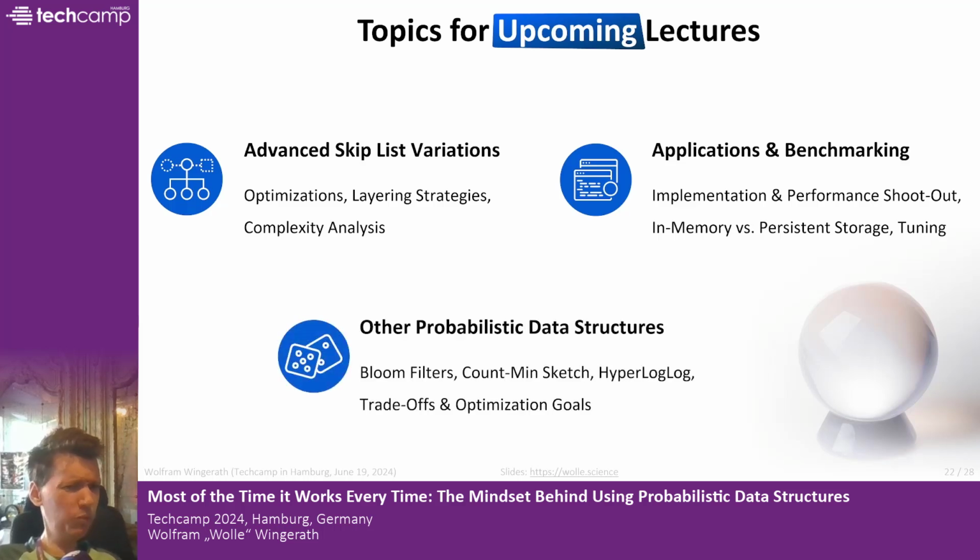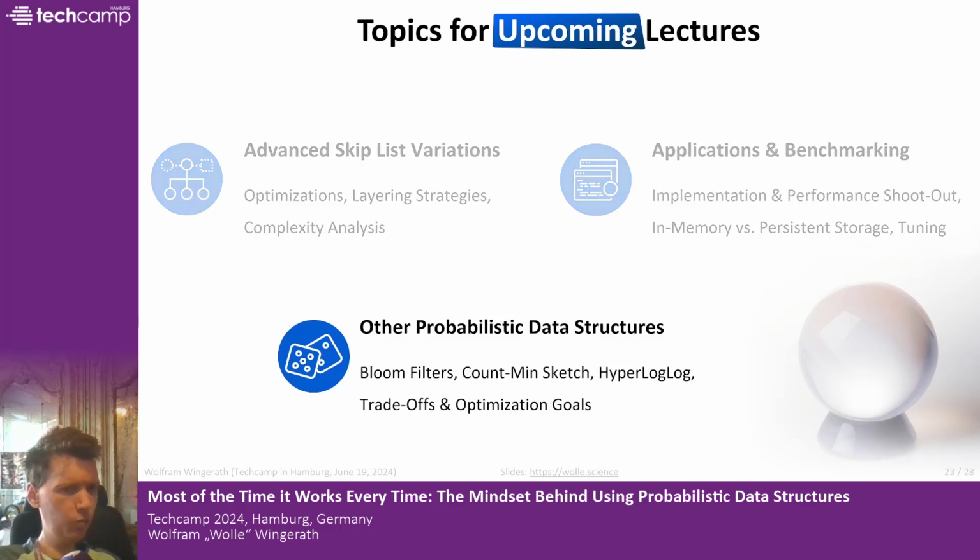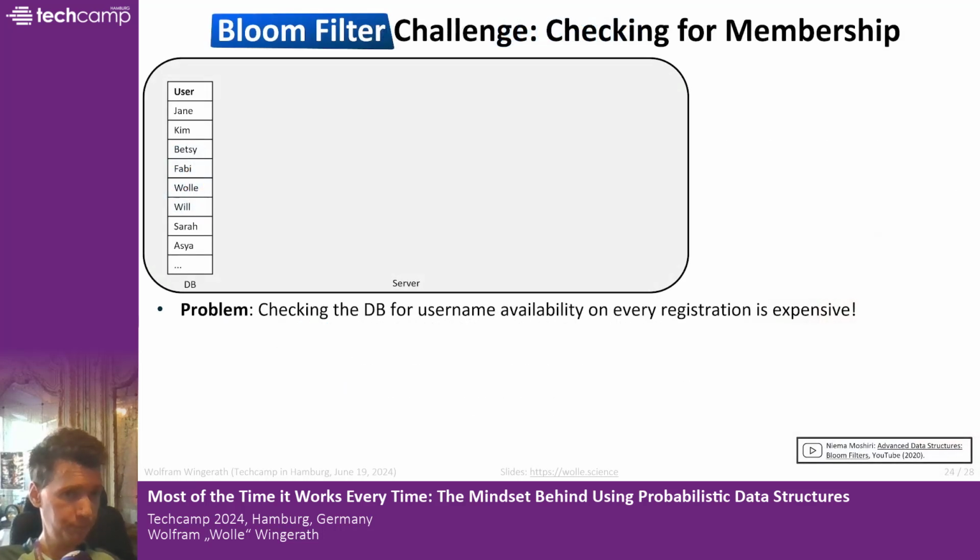We could also talk about different probabilistic data structures. And while I was doing this slide, and that's why we have this talk actually, I thought, why don't we do this? Because I hope you now have an appreciation of why skip lists are cool, but there are also other data structures that are also cool. So let's throw in a few slides on them as well.